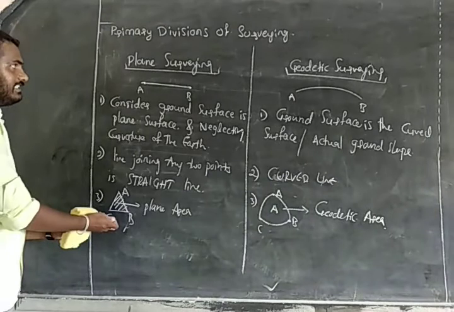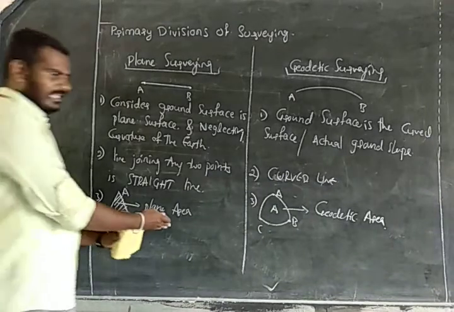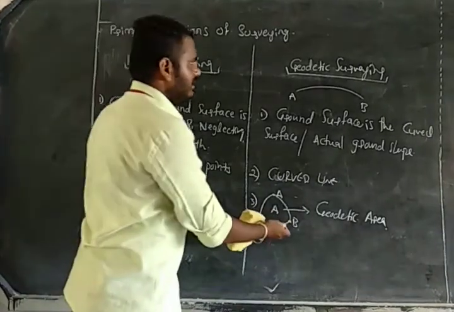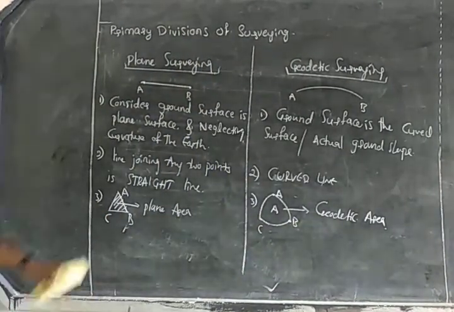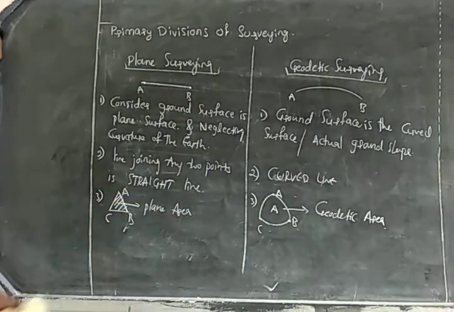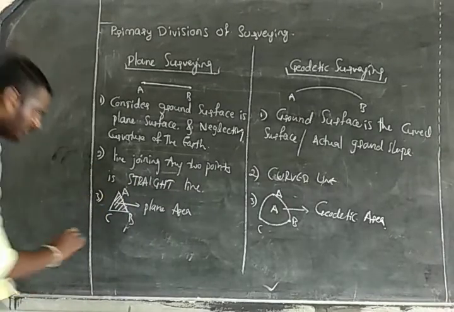So that is the difference. The area calculated in plane survey is known as plane area, but when it is considered in geodetic survey, we call it geodetic area. Now for the same figure, observe the angles. This is the fourth point.